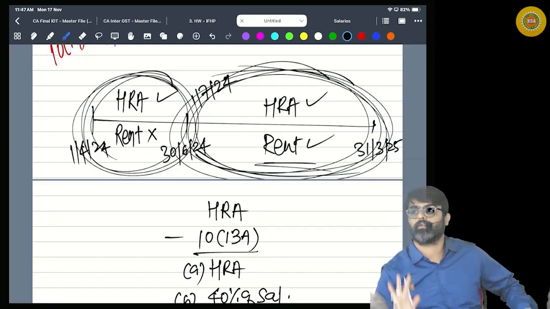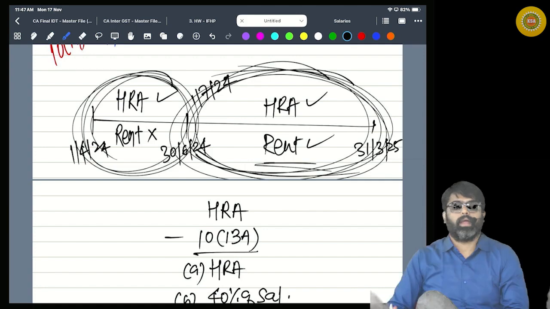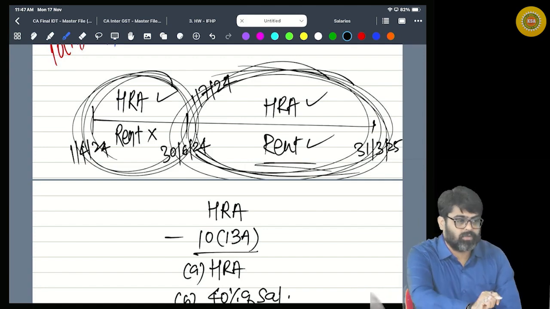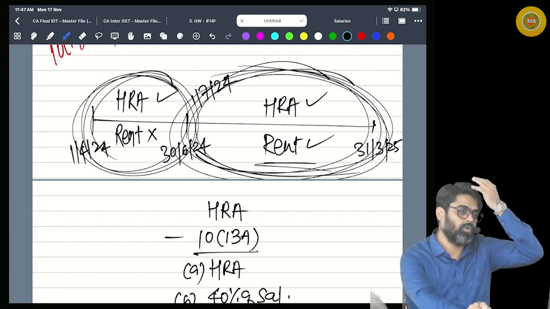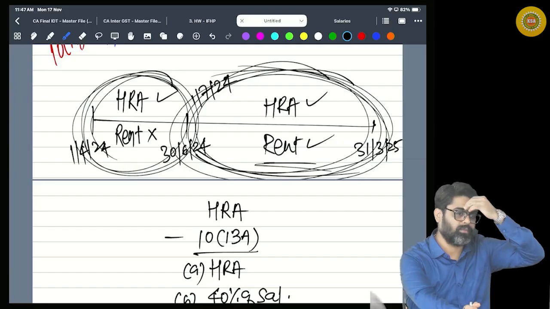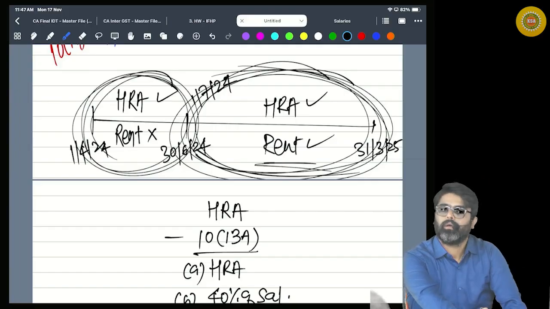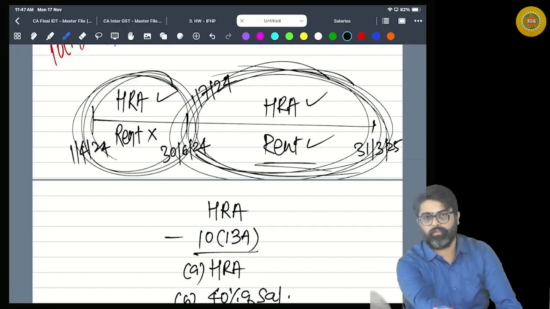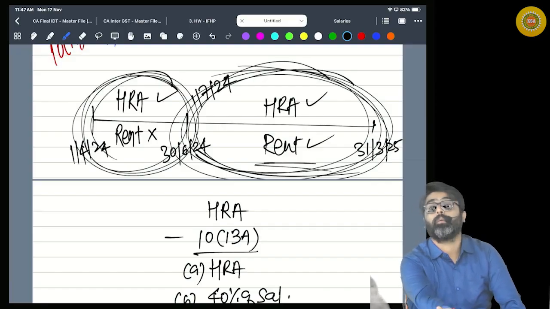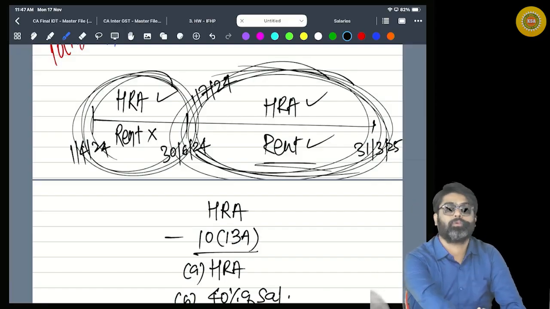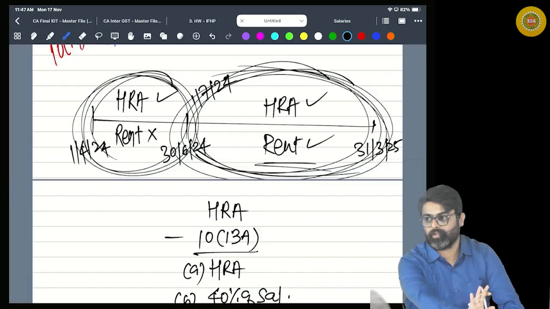Full HRA taxable, no exemption. Why? Because to claim the HRA exemption, you are supposed to pay the rent. Have you paid the rent? So will you take the exemption? But for those months for which you are receiving HRA also and you are paying the rent also, you are going to get the exemption.